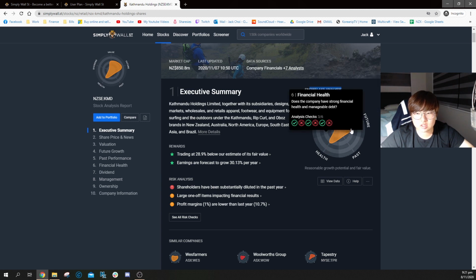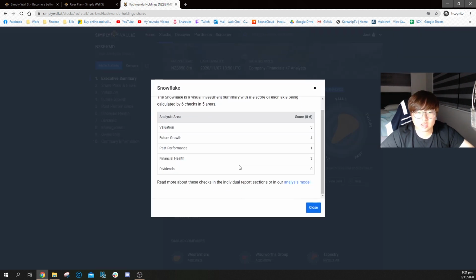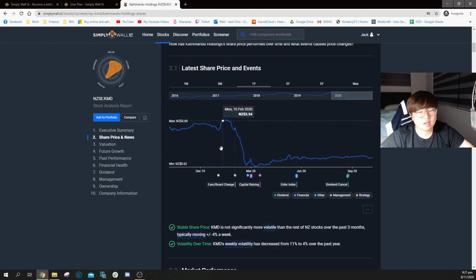It's just like a snowflake. It puts the stock in 5 different metrics: value, dividends, future, health, and past. You can have a look at where the data is coming from, and you can see what the analysis model is. It's quite interesting, but basically I'm normally skipping to here.